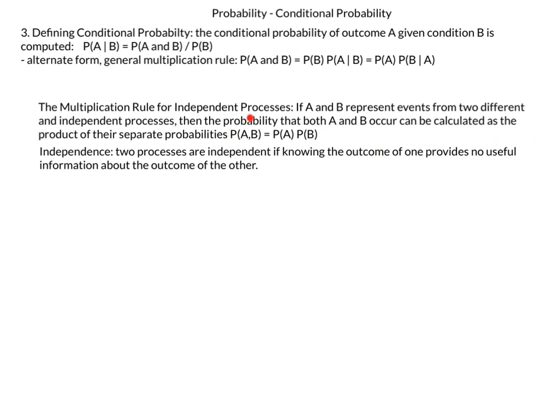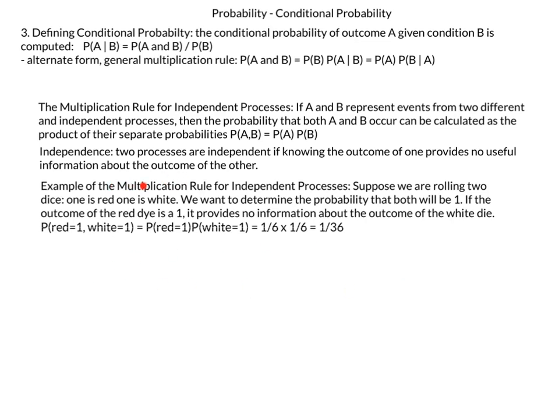So this is for independent processes, and you can see the difference, probability of A and B times the probability of A. Now here, if it's an independent process, probability of B given A occurring gives us no additional information about B. So probability of B given A comes down to just probability of B. So again, this conditional probability is just the general form of this multiplication rule.